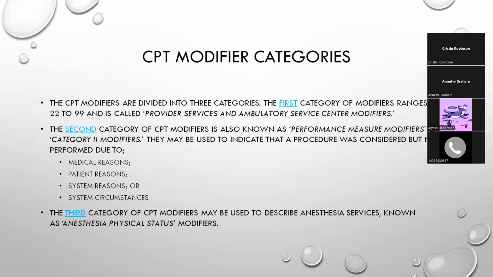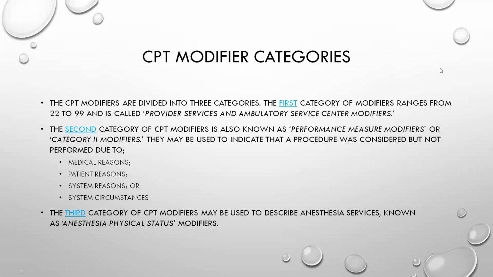So let's talk about our CPT modifier categories. Modifiers are divided into three main categories. The modifier range from 22 to 99 is called provider services and ambulatory service center modifiers. Your second category is also known as performance measure modifiers or category 2 modifiers.